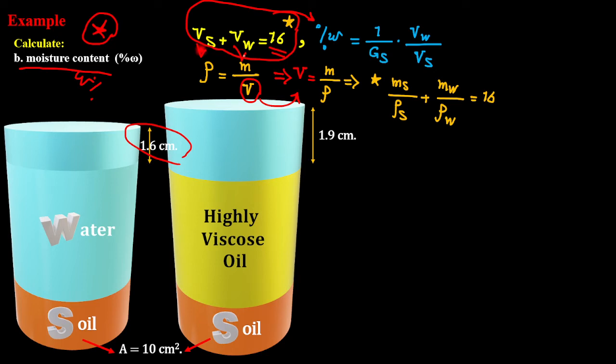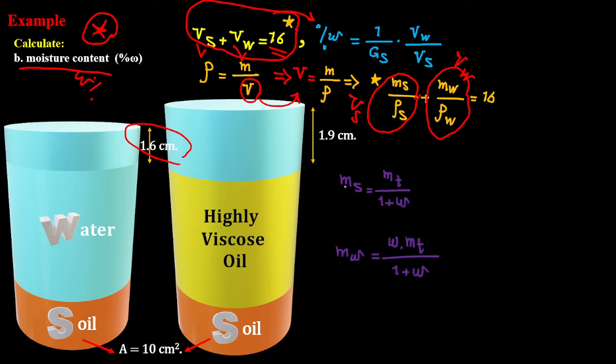Based on this equation, we know volume of solid plus volume of water from the first sample is 16. So Ms over rho s plus Mw over rho w is equal to 16. We just rearranged it in a different format based on volume and mass.